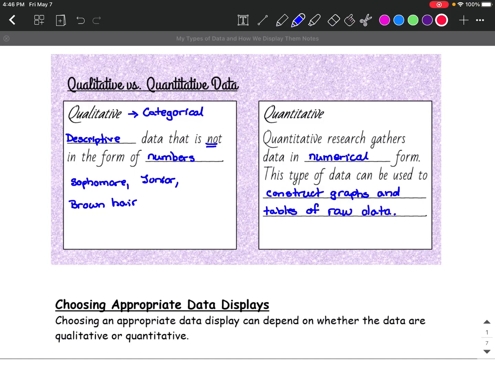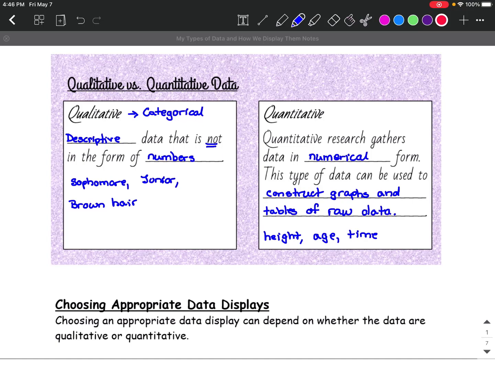That's the data before we analyze it. Things like that might include a person's height, it might include age, it might be the time or the length of time that something happens. Those are all quantitative pieces of data.